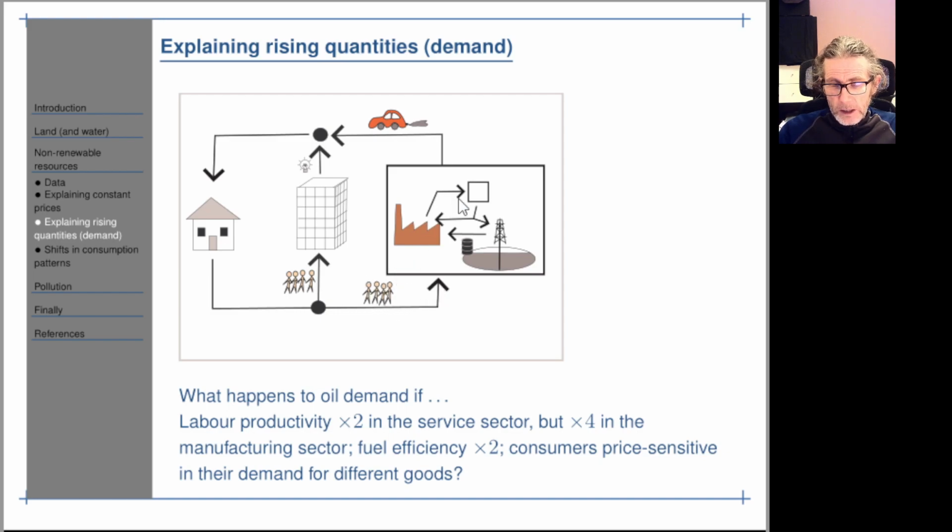So if labor productivity goes up a lot more in this sector, that pushes the price of these goods down big time compared to these goods, these immaterial goods. And that means that consumers demand a lot more of these goods compared to these goods over time.